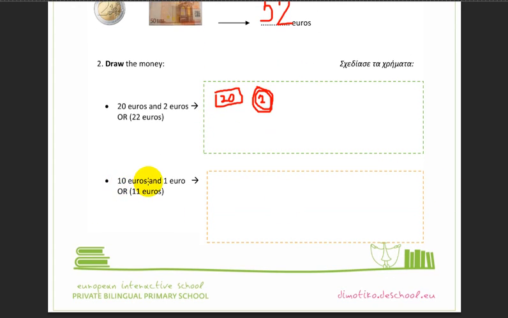Next up, we have 10 euros and 1 euro, or 11 euros. So it wants the 10 euro note and the 1 euro coin. So I can make a box. I made it bigger than the 20, which it shouldn't be, but again, details. And the 1 euro coin.